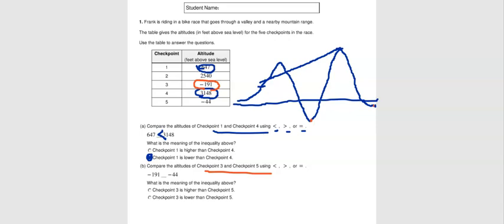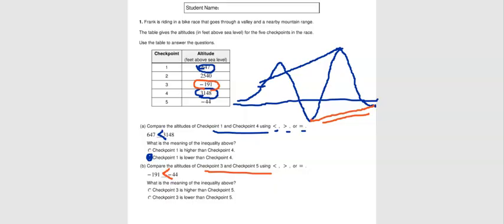Even though they're both negative, checkpoint 3 would be lower than 5. So which one is lower, a negative 191 or a negative 44? The negative 191 would be further to the left on the number line, so that's going to be a lower number than negative 44.